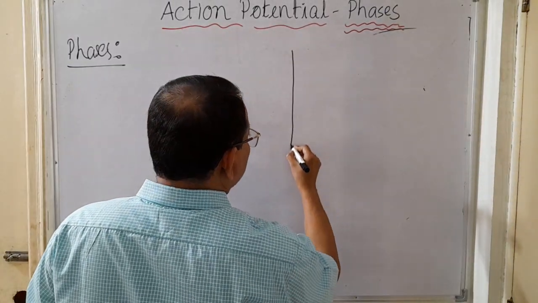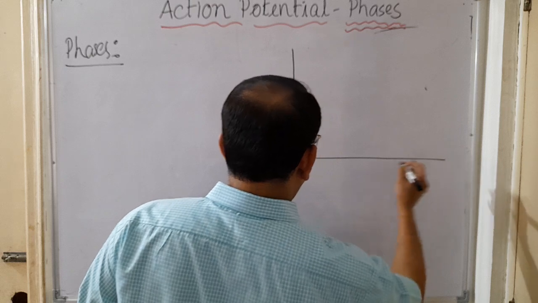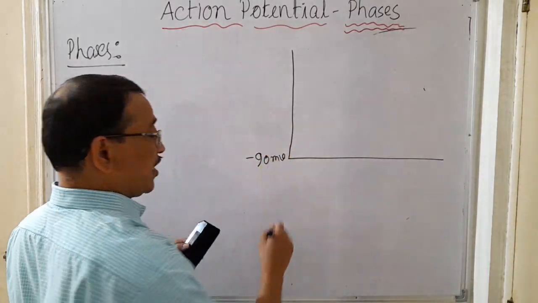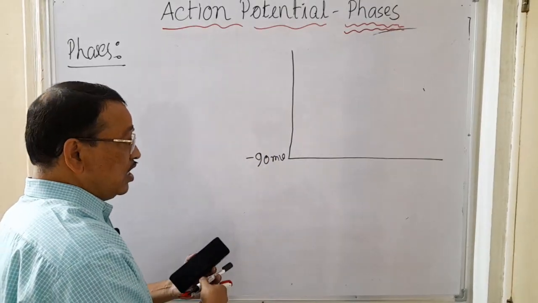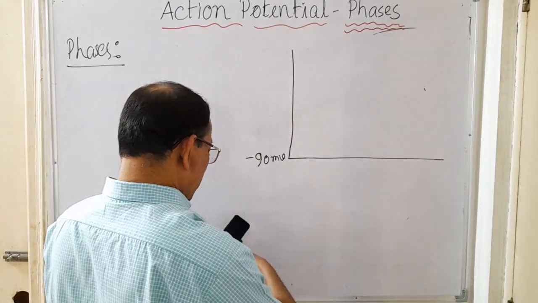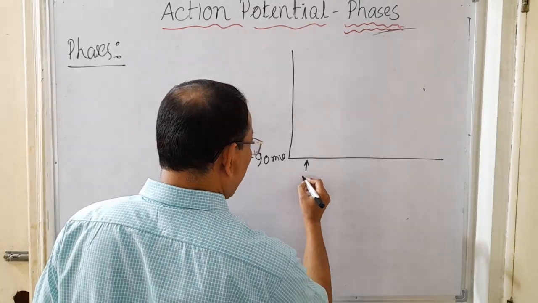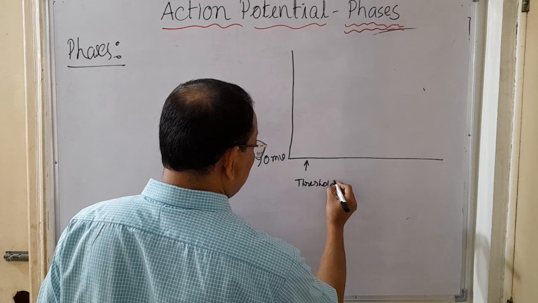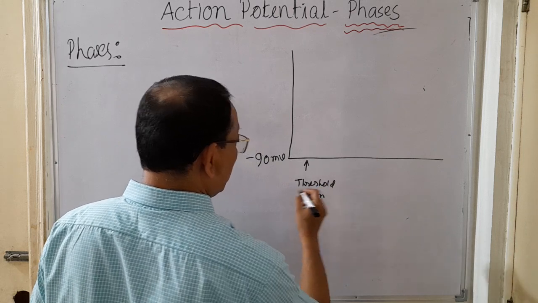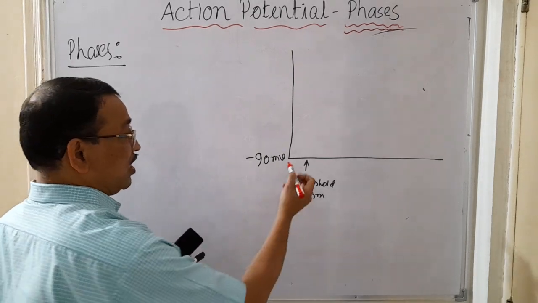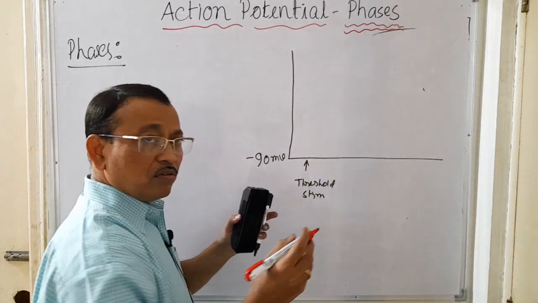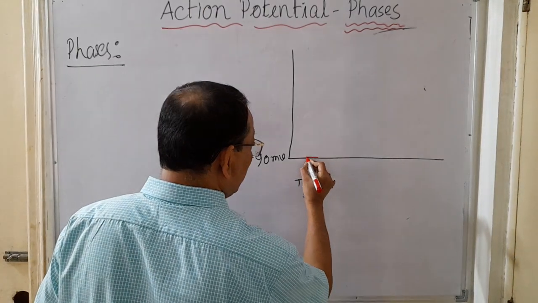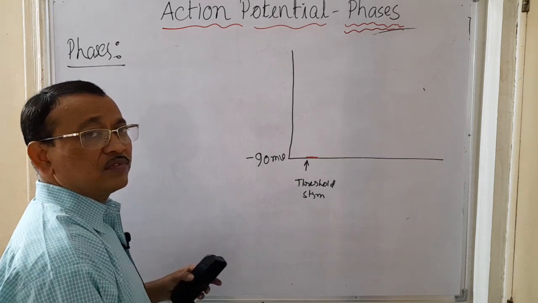So suppose this is the curve, and minus 90 millivolt is the resting membrane potential value. Now, if a threshold stimulus is applied, what happens? Initially, within a very short time, there is no change of the membrane potential. That means it remains minus 90 millivolt.